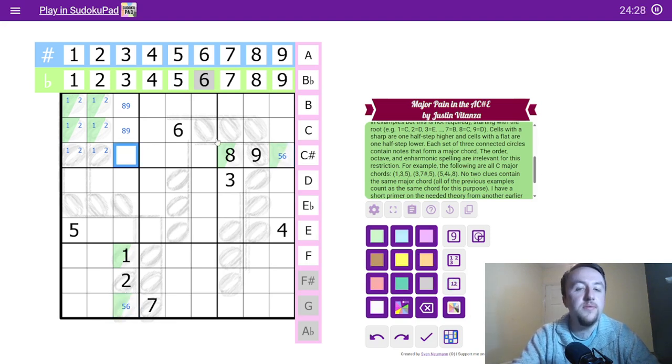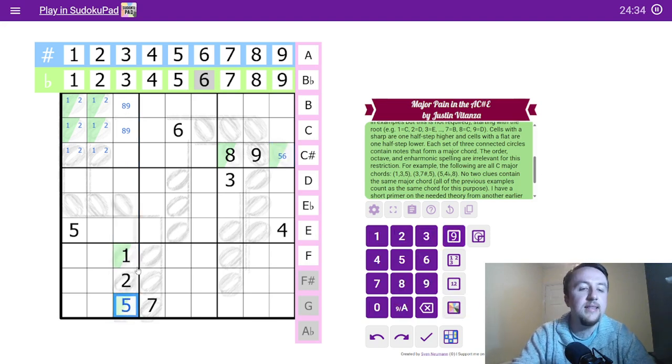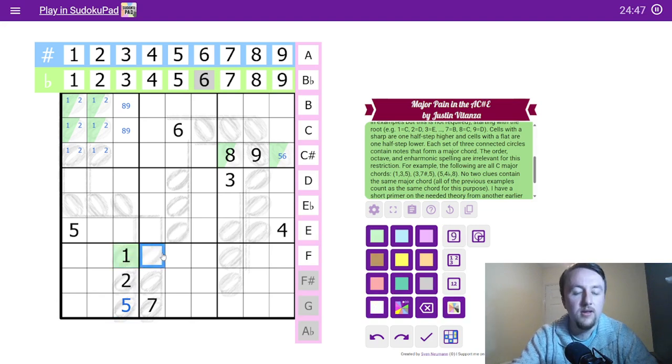So we can't put a 5 here because that stops both of those from being 5. So where does a 5 go in this column? It is here. And that actually tells us that this is our G major triad. And the way to get a G major triad, let's just get rid of that, is a normal 2, a normal 5, and a flat 1. Right, so we have had our flat 1 in the puzzle.